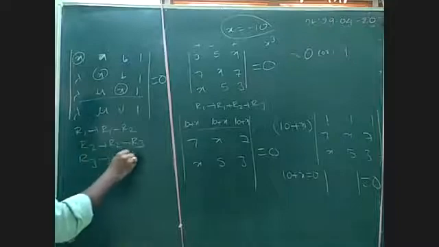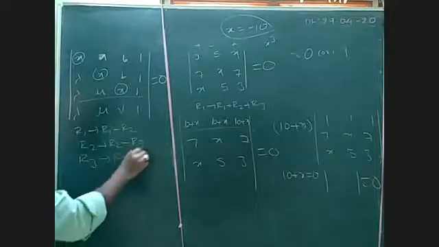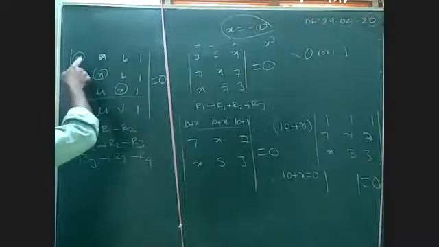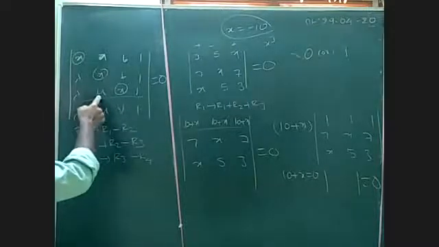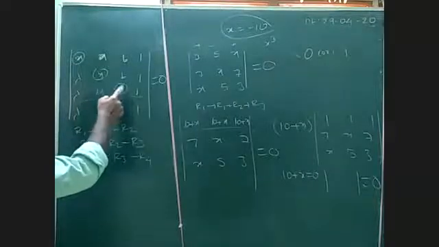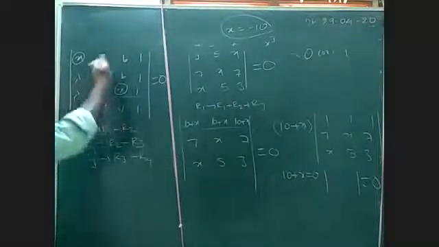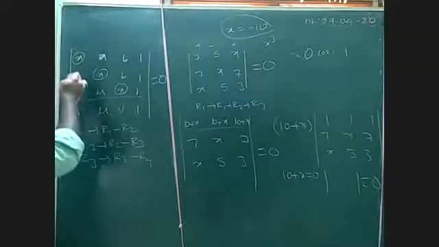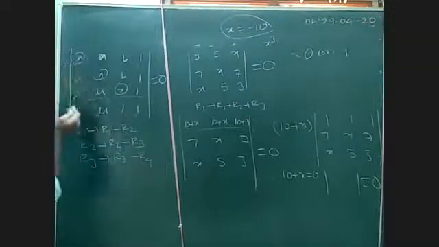R3 tends to R3 minus R4. You can do like this. We get different roots if you take like this. Don't take R2 minus R1, R3 minus R1, R4 minus R1.